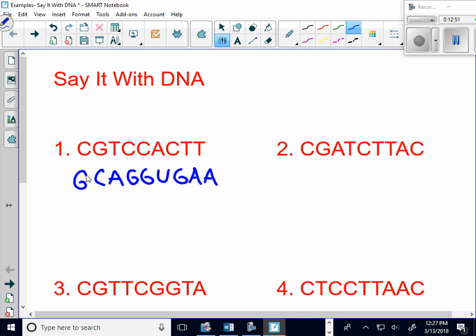Now, when I'm looking at this RNA, I go through and I look at the codons that they give me. My first three are G, C, A. So if I go G, C, A, it gives me what letter? It gives me letter A, right? What's my next three letters?